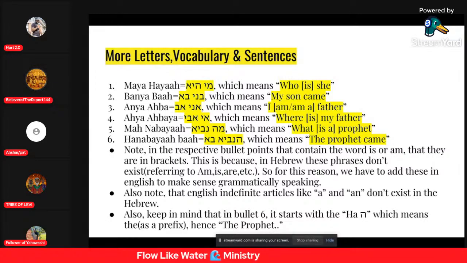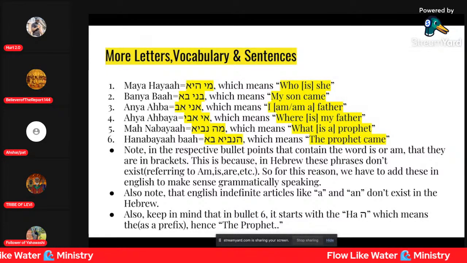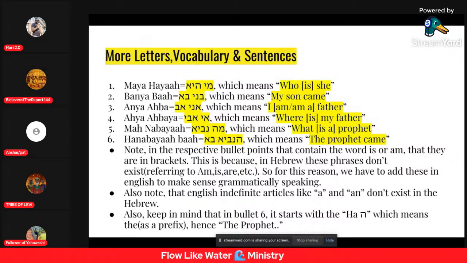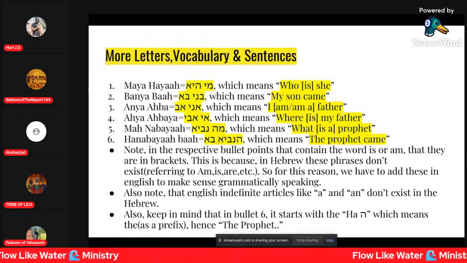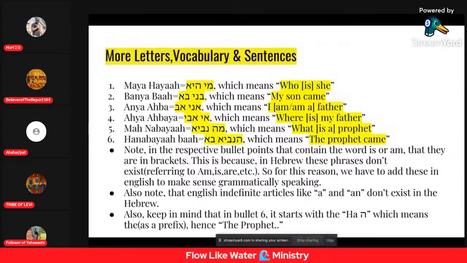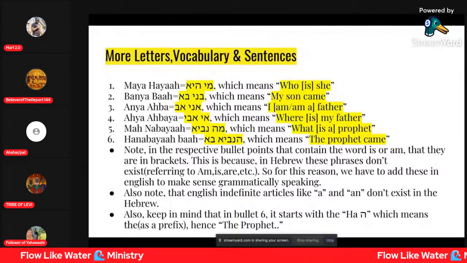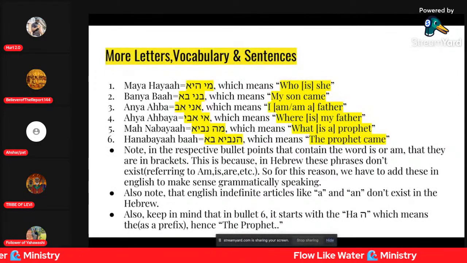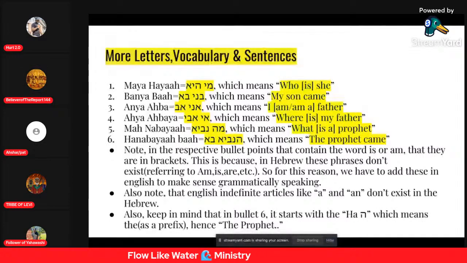And a quick point, speaking to indefinite articles: within the Hebrew language, we don't see indefinite articles as in "give me a car." You don't really see an indefinite article, such as a, used like that, and the same thing with an.